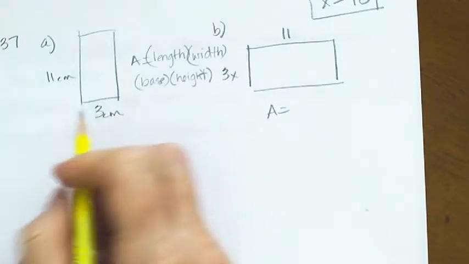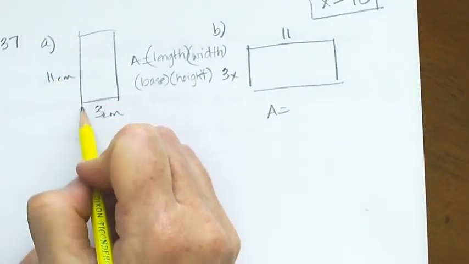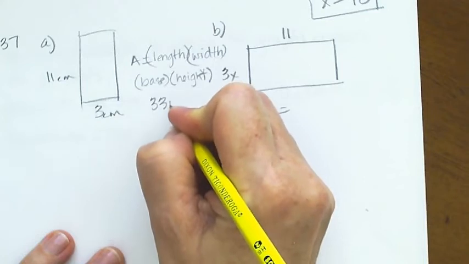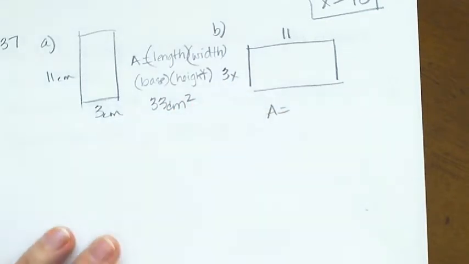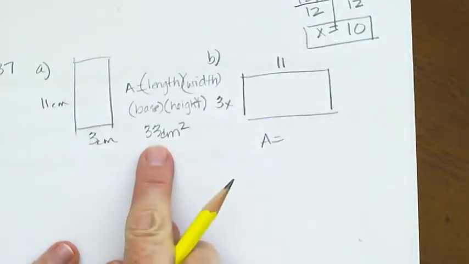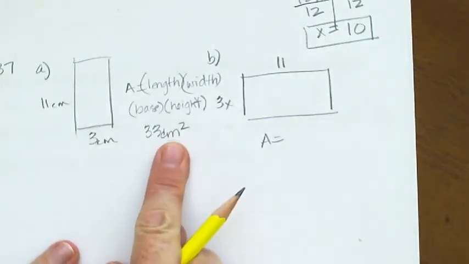My base is 3, my height is 11, 3 times 11 is 33 centimeters squared. Area is in square units, so we want squared centimeters.